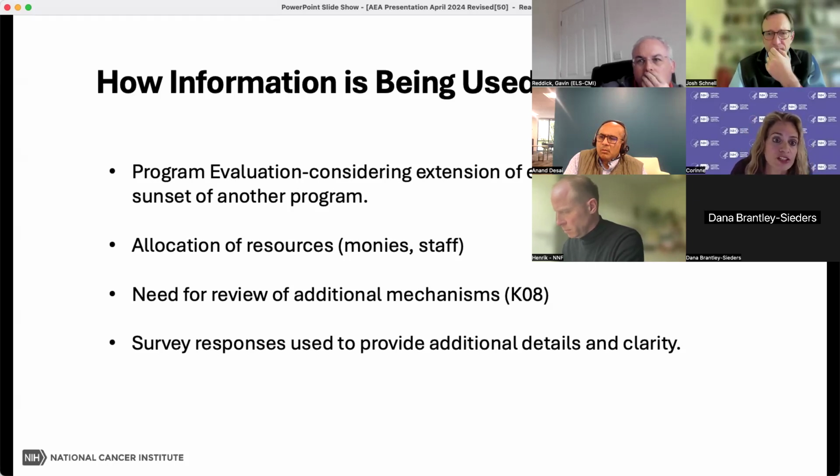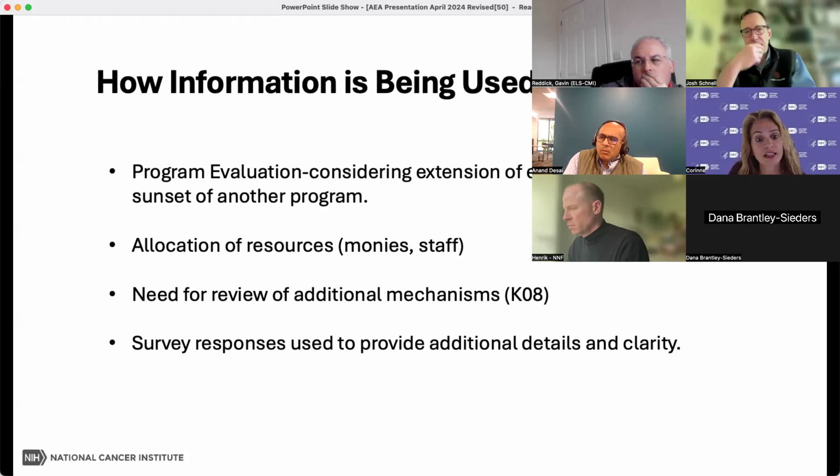It's going to be a great change if it's put into place for many, many of our potential applicants. And also there's the proposed sunsetting of another program that doesn't have the success of this program, which allows for a change in the allocation of resources, monies, and staff to really streamline how we work programmatically.